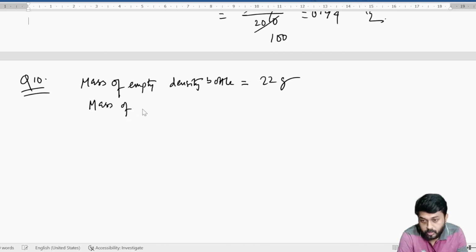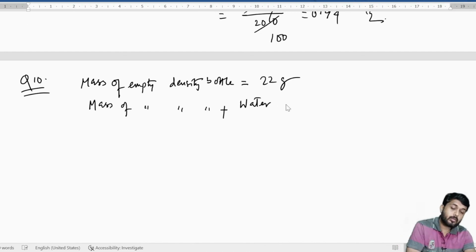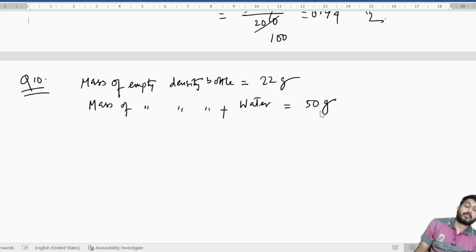Mass of empty density bottle plus mass of water equal to 50 gram, right?